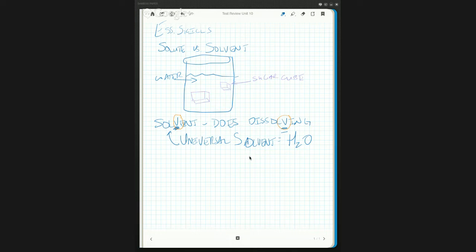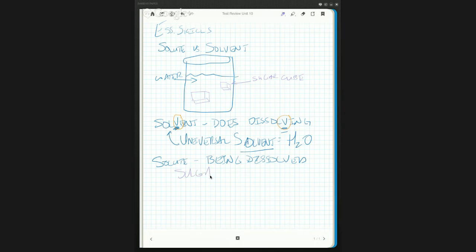So because it's a universal solvent, there you go. Solvent is always doing the dissolving. The solute, right here, solute is being dissolved. Okay, am I spelling this right? Being dissolved. Okay, and that's where we get into the sugar.